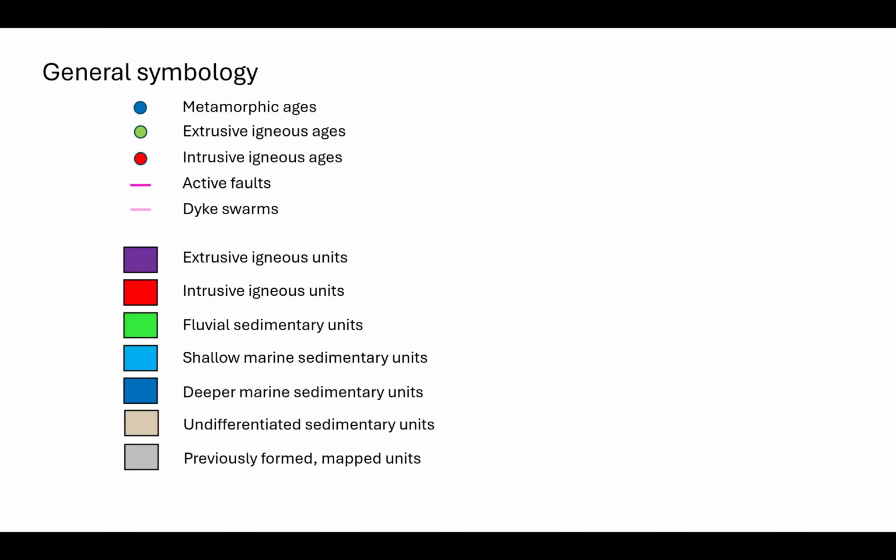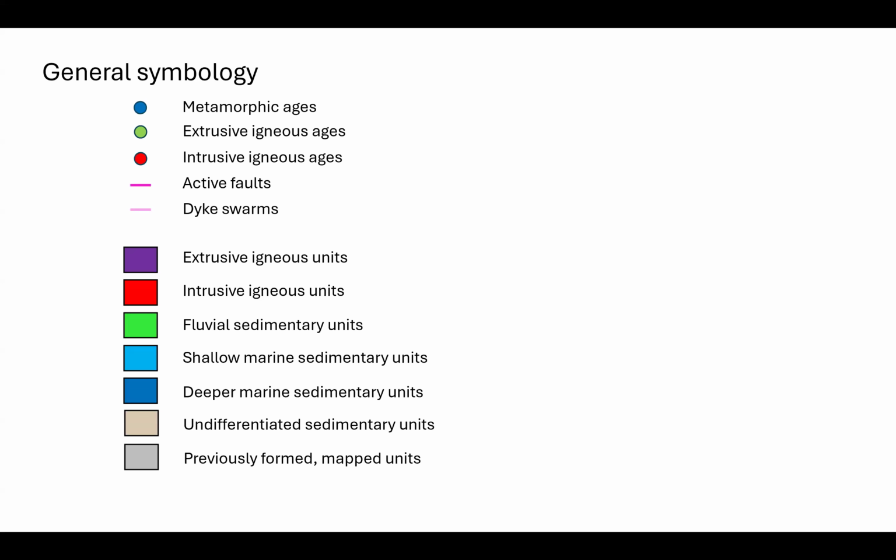The general symbology that will be used throughout this is shown here. Again, metamorphic ages as dots will show up as blue. Extrusive igneous ages will show up as green dots. Intrusive as red. Active faults, and this is the only real interpretive aspect, active faults in terms of determining their age is very difficult.